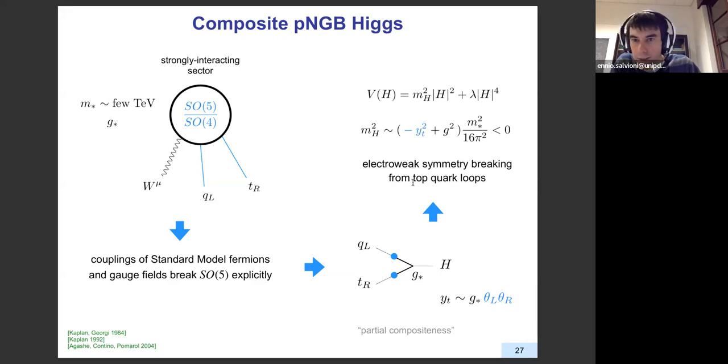This is also a well-known story where the top quark is really the reason why there is electroweak symmetry breaking. The top loop and top partner loops tend to have a negative sign and give us a negative mass term, which realizes electroweak symmetry breaking. So that's the basic picture, old and well established.